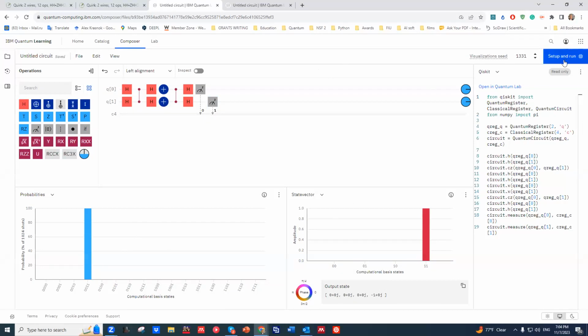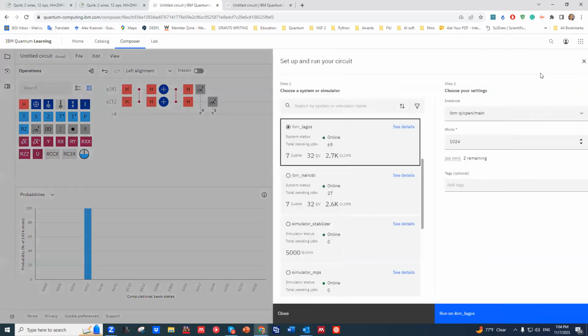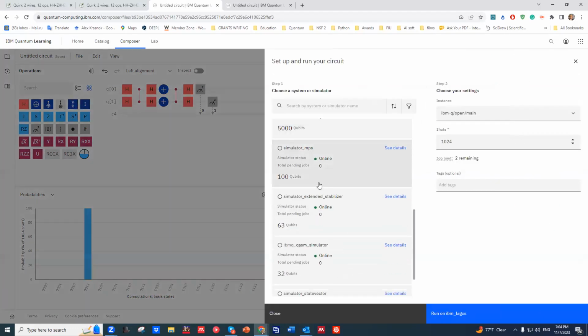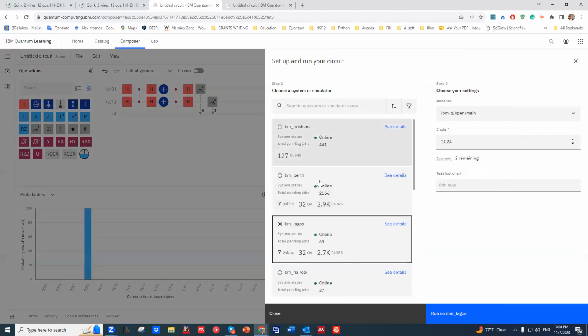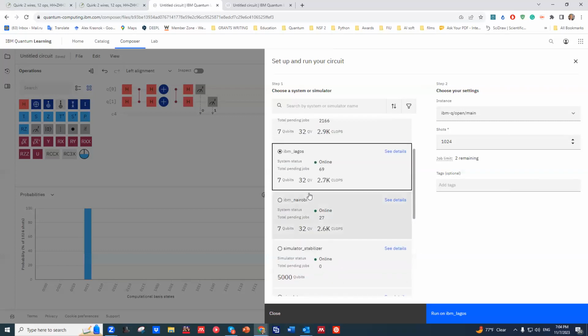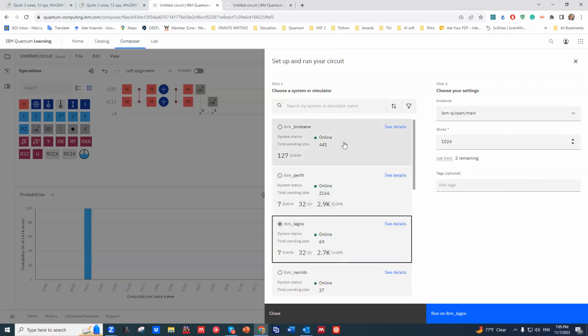And then some time ago we discussed how to run the simulations. Of course, the easiest way to run the simulation quickly is to go here, click setup and run, and then choose one of the available quantum computers or simulators.